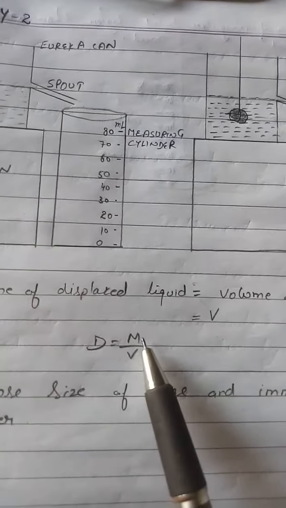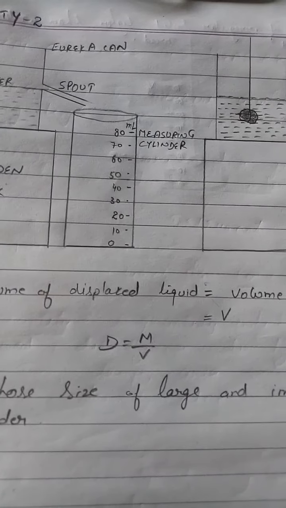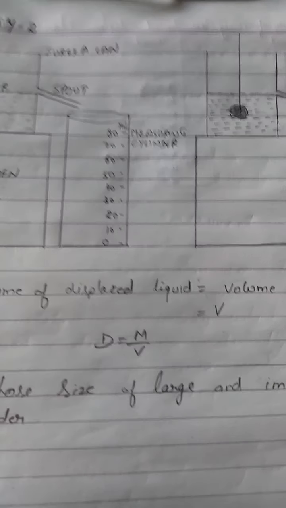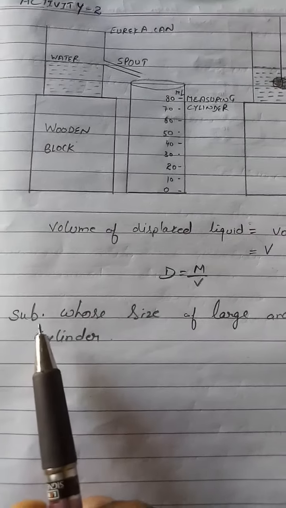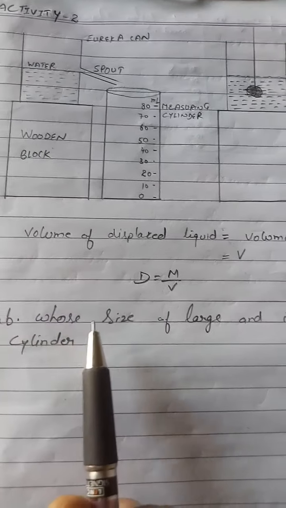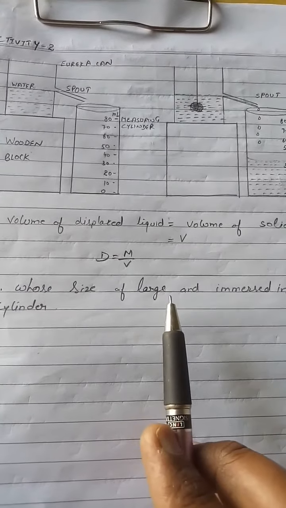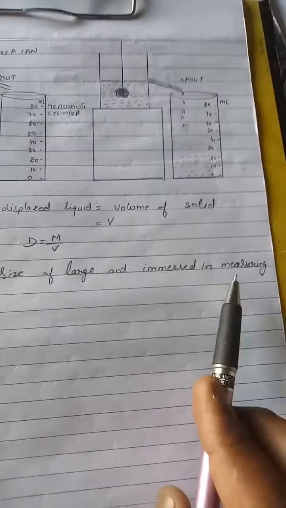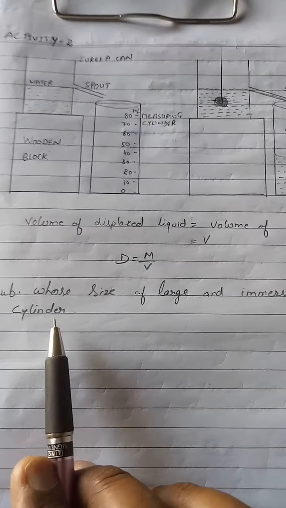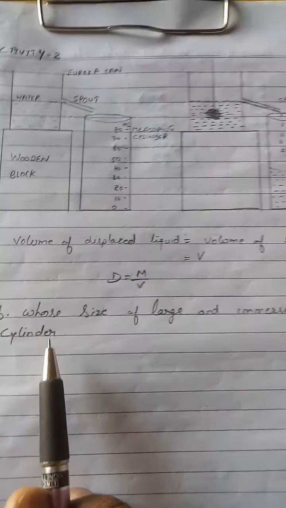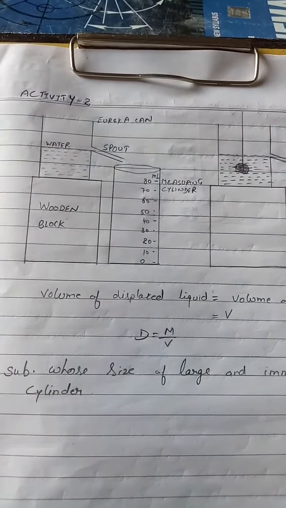So with this method we can measure the density of the solid. Again we can use this formula for a substance whose size is large and immersing it in a measuring cylinder is quite difficult. So we will use this activity.